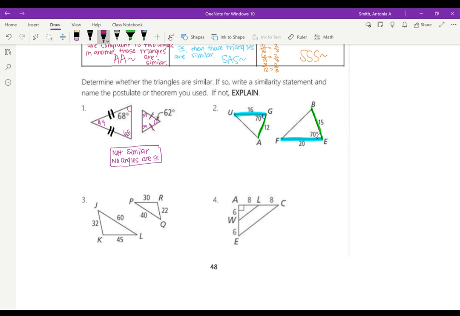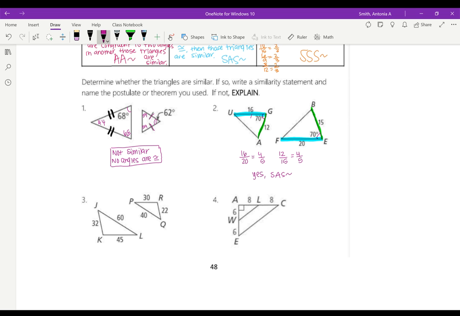So I want to create that ratio 16 to 20 and see if it's the same as the ratio 12 to 15. 16 and 20 can be divided by 4, and we end up with 4/5. 12 and 15 can be divided by 3, and we end up with 4/5. So we have two pairs of proportional sides and one angle in between them. So yes, these are similar by side, angle, side similarity.